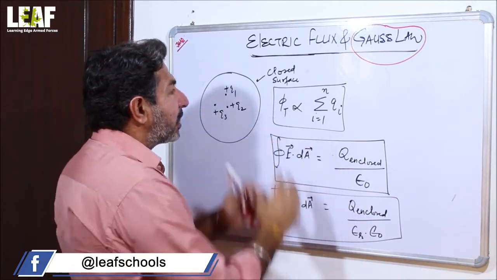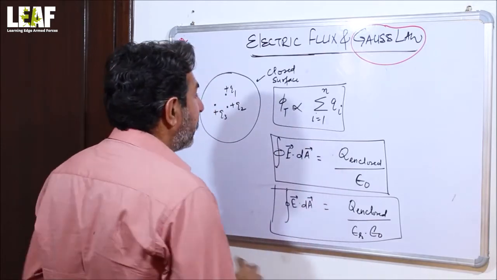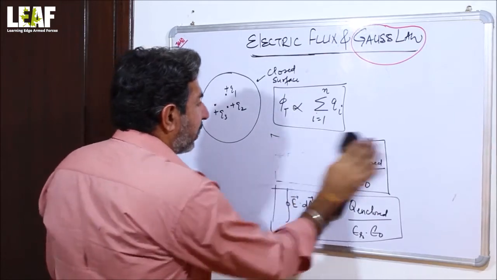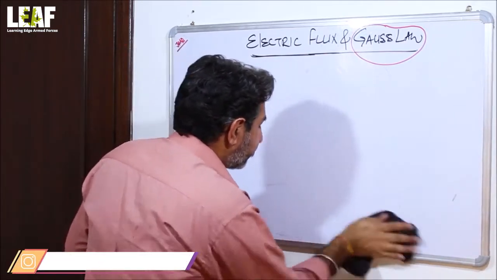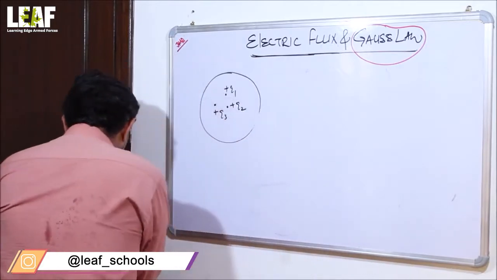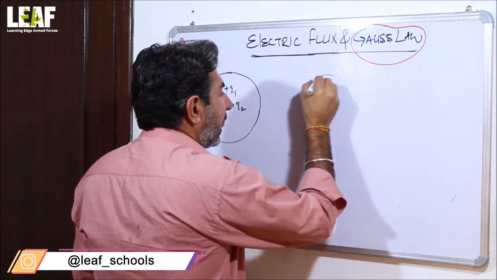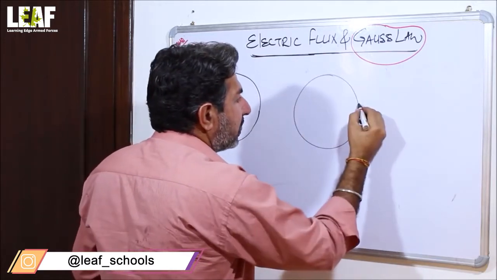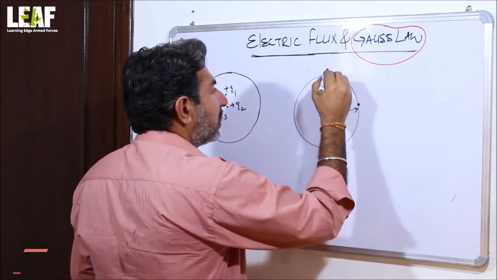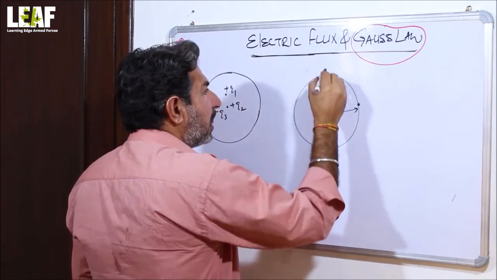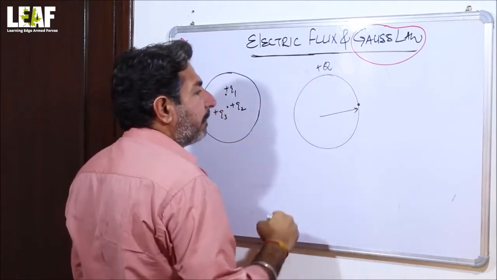Now, the applications of Gauss's law, which again you might have done, but a bit of it in a quicker way. Let me just write it here. That is, when we are going to find the electric field at any point on the surface of a spherical shell having charge Q. Suppose there is a spherical shell.